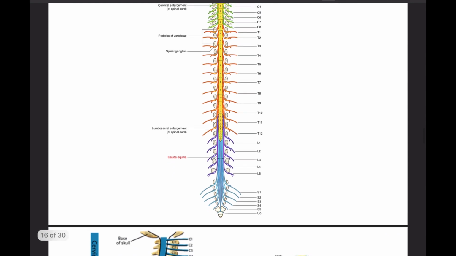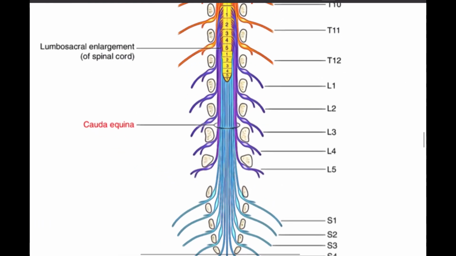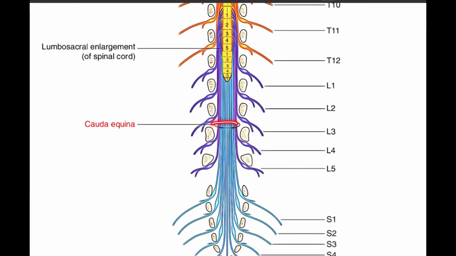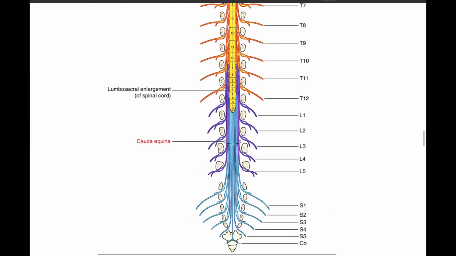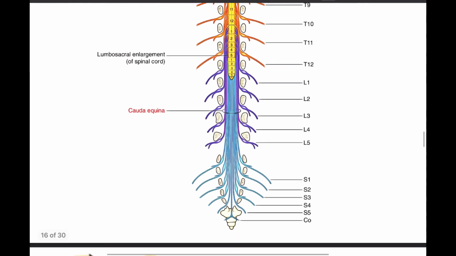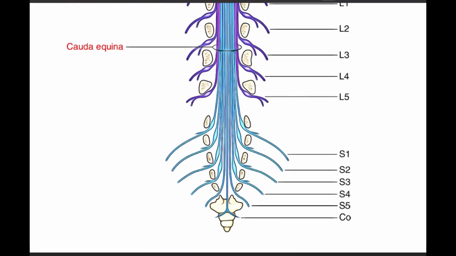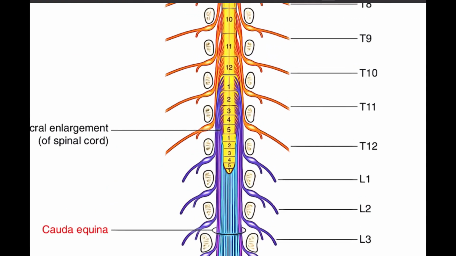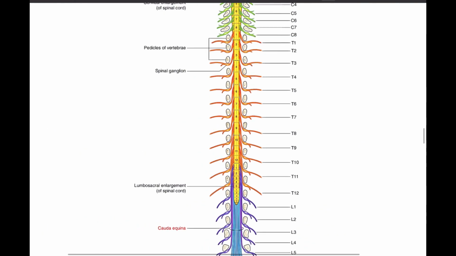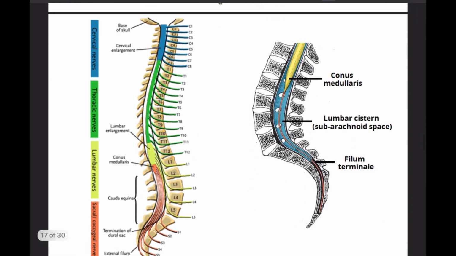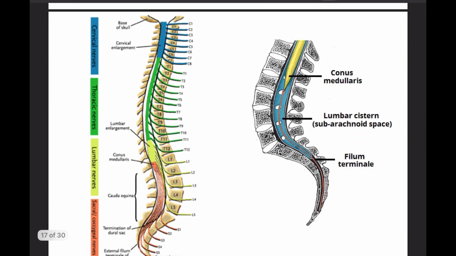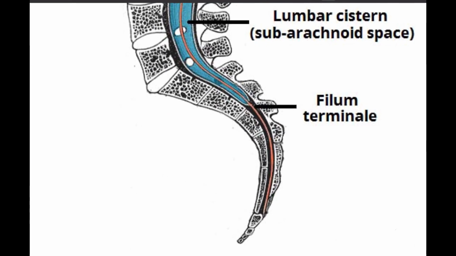This is a picture which shows your Cauda Equina, that is a bundle of nerve fiber tracts, and here you have the Conus Medullaris, epiconus. Then in the next picture you can see the filum terminale, which ends in the dura mater of the spinal cord.